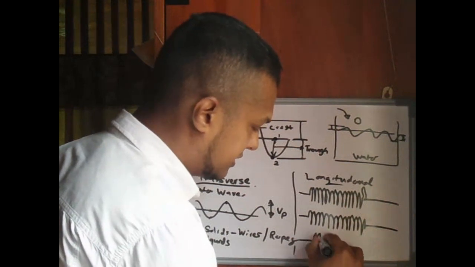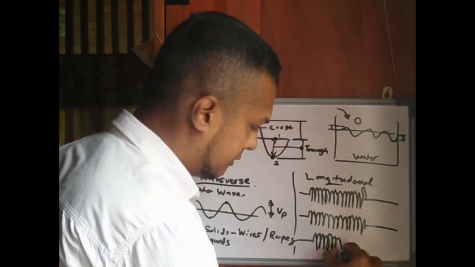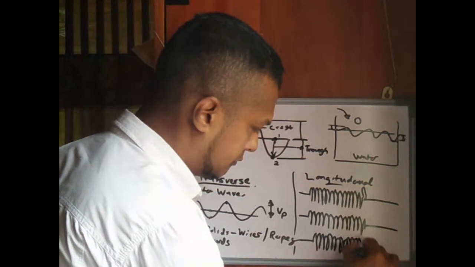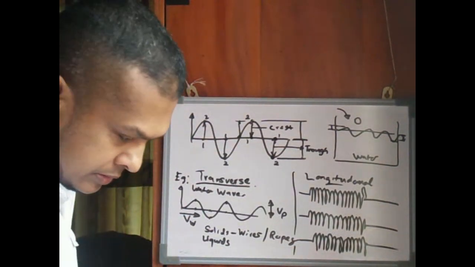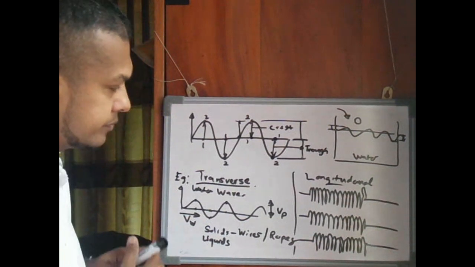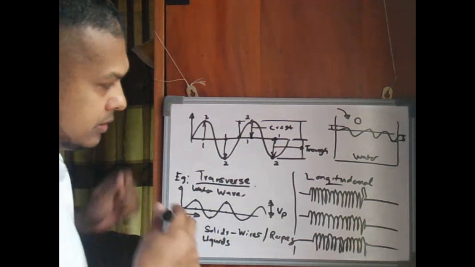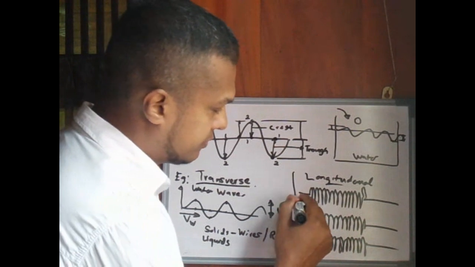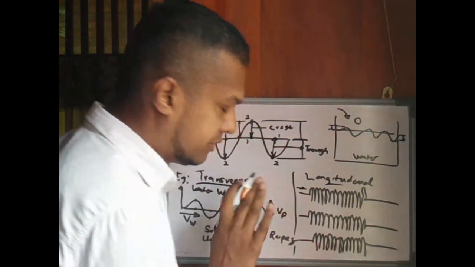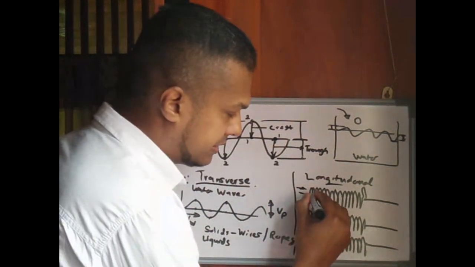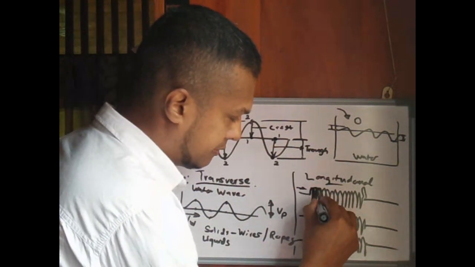So these are 3 positions of the slinky. In this one, when we give the motion, when we press the slinky, it creates a compression up here.